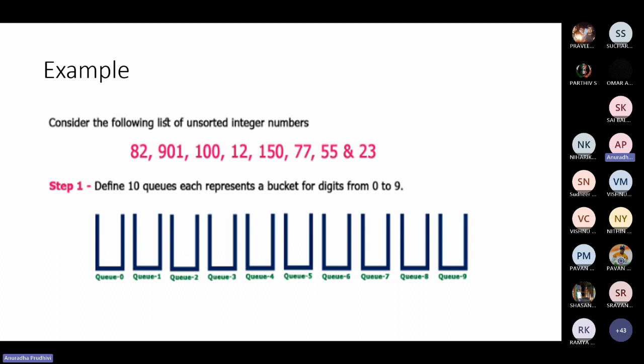These digits again we store in an array, perform counting sort, and then we get the sorted list. Based on that we sort for the next most significant digit, and like that we continue. In the next class I will explain radix sort using the counting sort algorithm in brief.